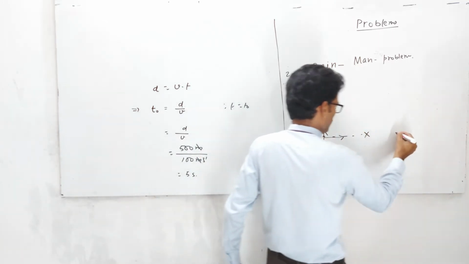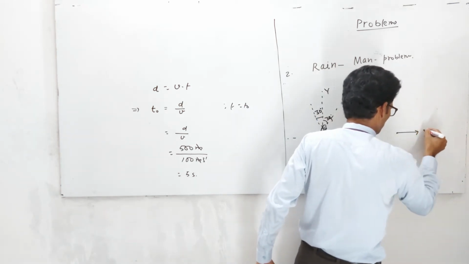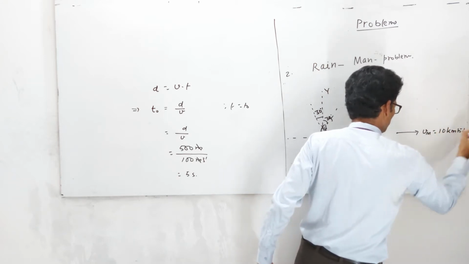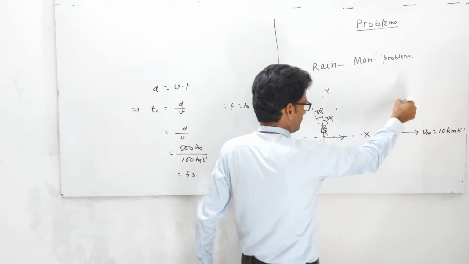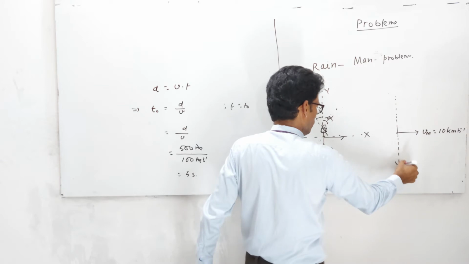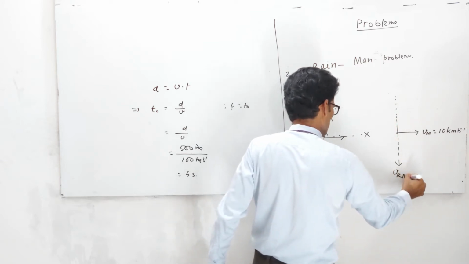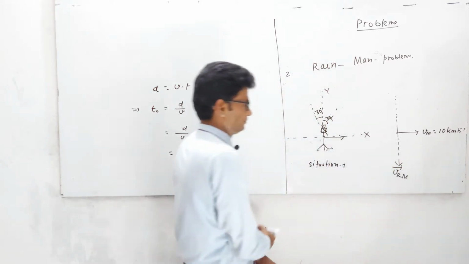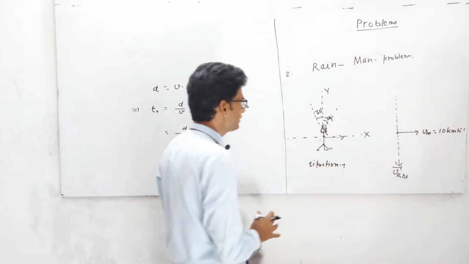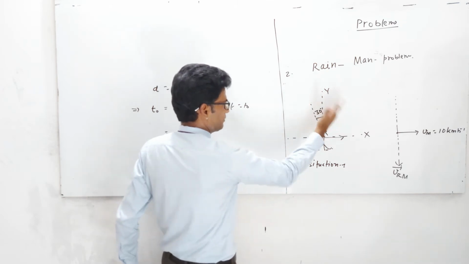Now the man starts running, say V man is equal to 10 km per hour. Then the rain or raindrops hit his head vertically. So this is the velocity of rain with respect to man. Now we have to decide whether he was holding the umbrella this way or that way.